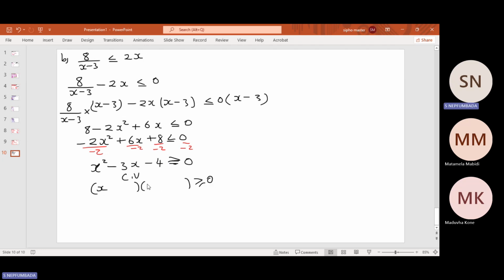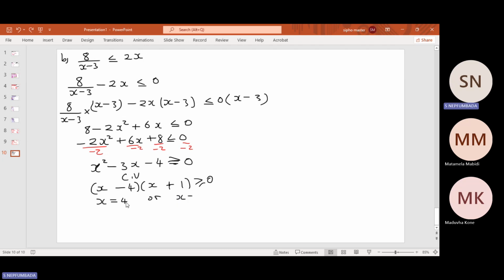Then this is x, this is x. The factors 4 and 1. Then minus and plus. Then we said x is equal to 4, or x is equal to -1.